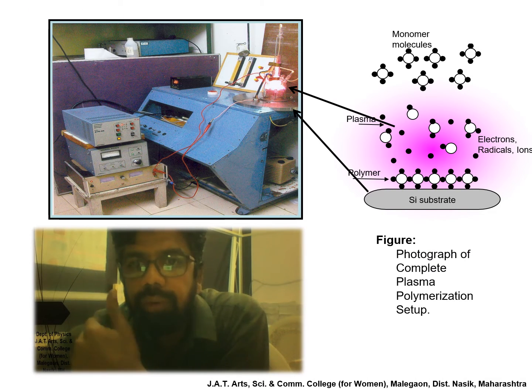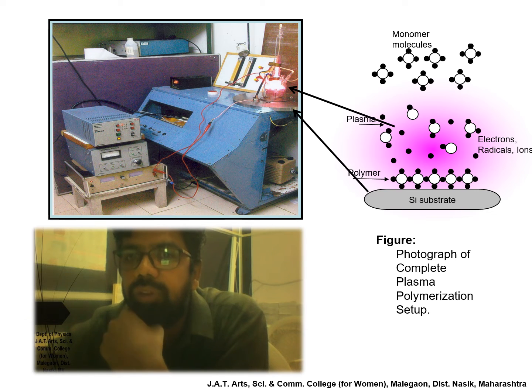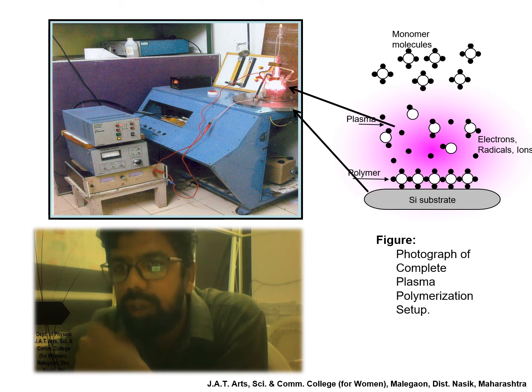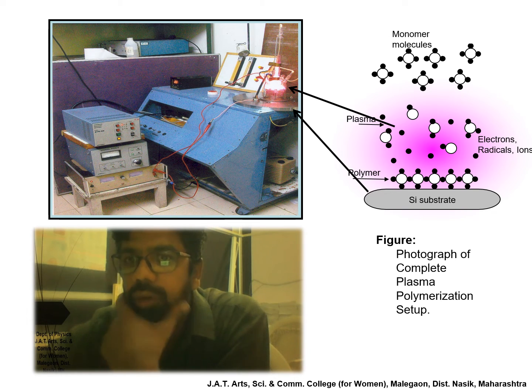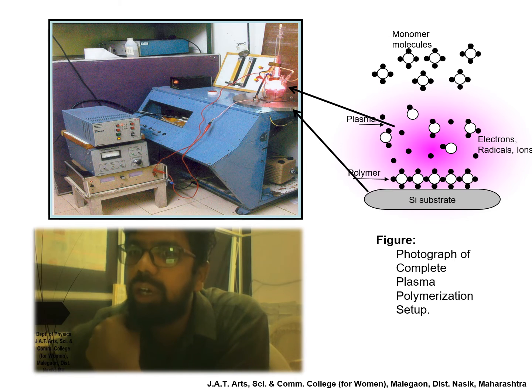The live, working setup is as shown in the figure. It shows the RF argon plasma system. Within the reactor we can see the monomer molecule. The monomer molecule is inserted from the tube into the plasma reactor. Within the reactor, the monomer converts into reactive species. It means that each atom in the molecule is separated from the others.